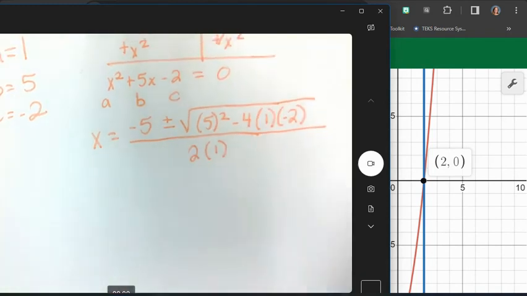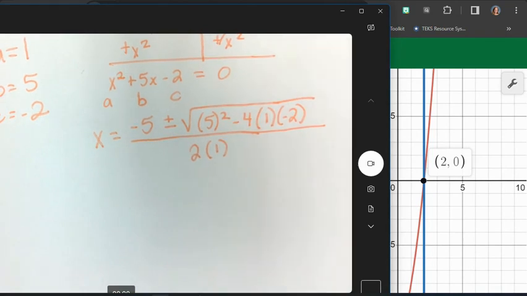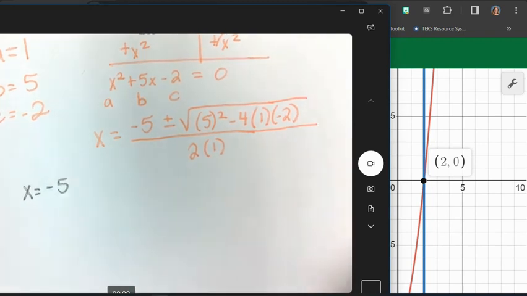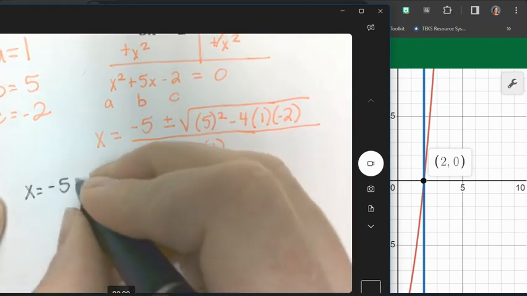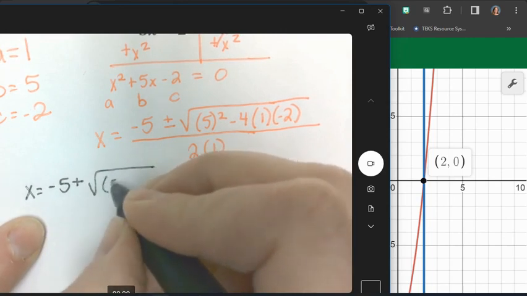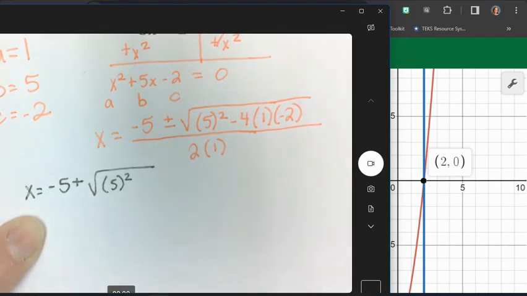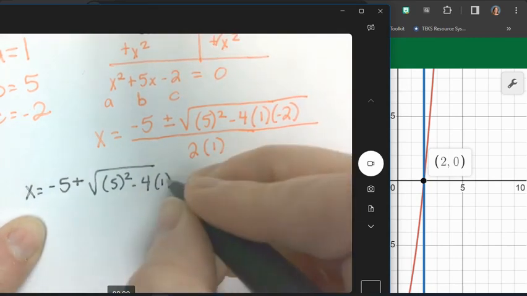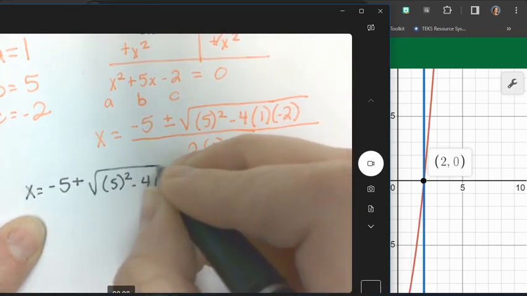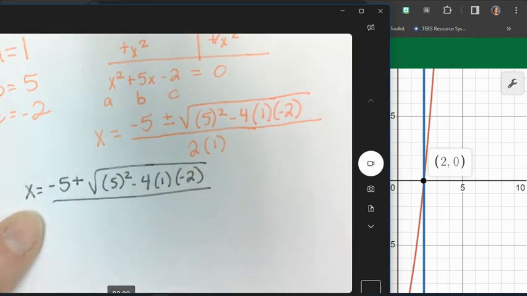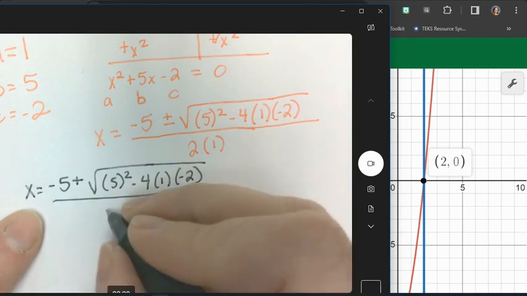Okay, so now write it both the plus and the minus. So we're going to write x equals -5 plus square root of 5 squared minus 4 times 1 times -2 over 2 times 1. Do I really need to write 2 times 1? What is 2 times 1? 2.